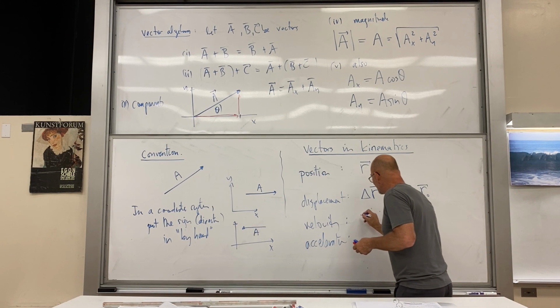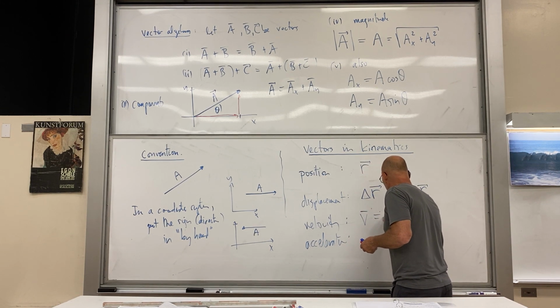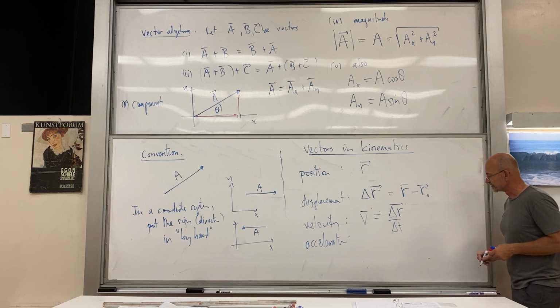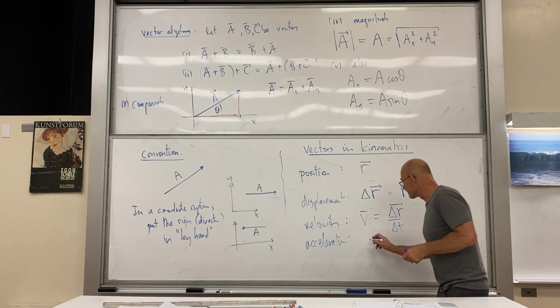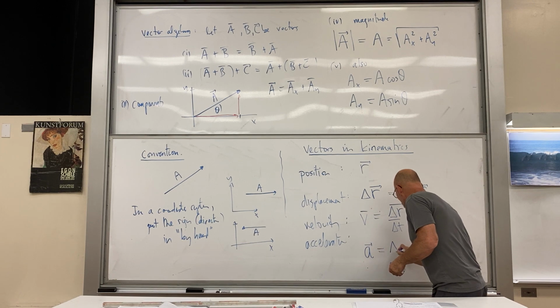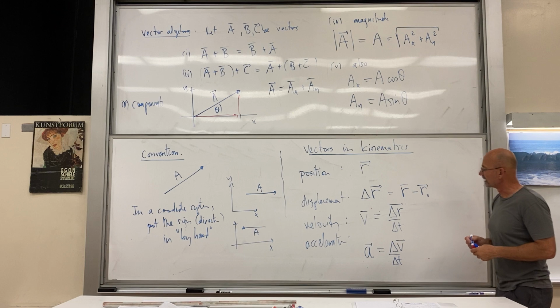The velocity v is a vector, is the delta R divided by delta t. And the acceleration is the delta v divided by delta t. Okay.